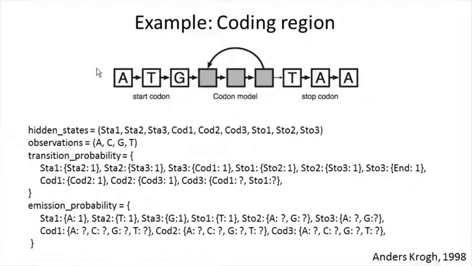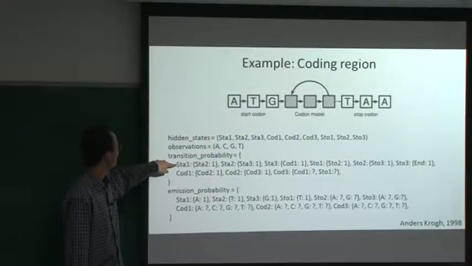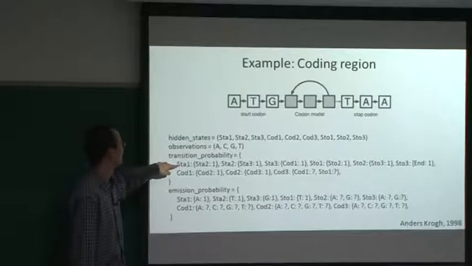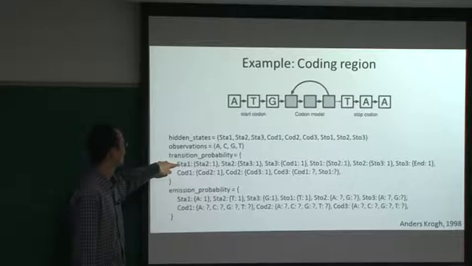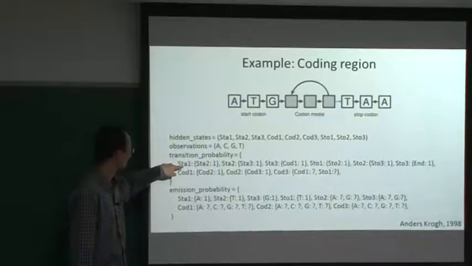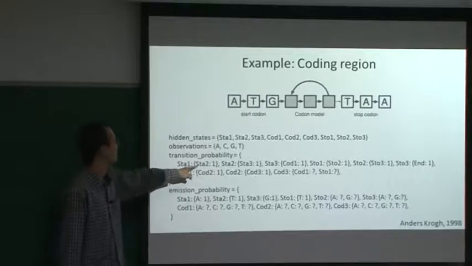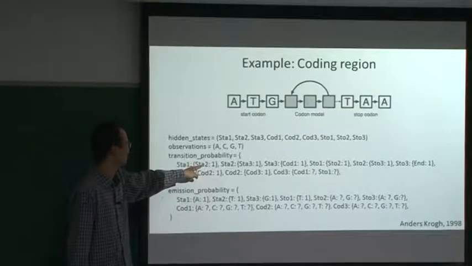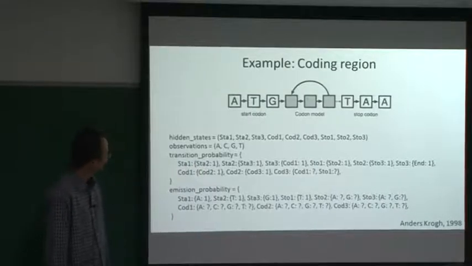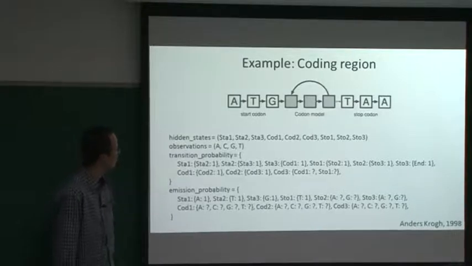For the transition probability, we know that if the base pair is the first base of the start codon, the next base pair must be the second base pair of the start codon, and so on.